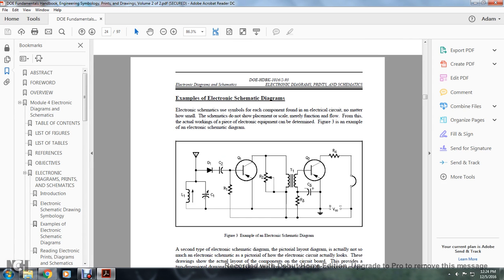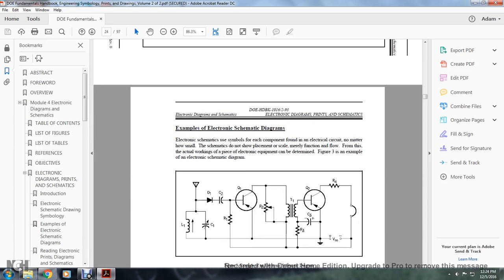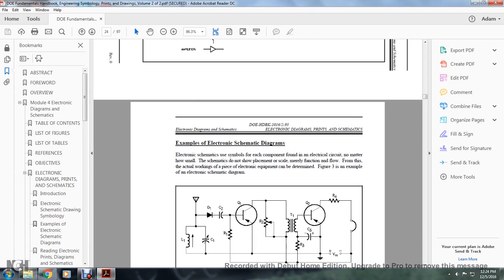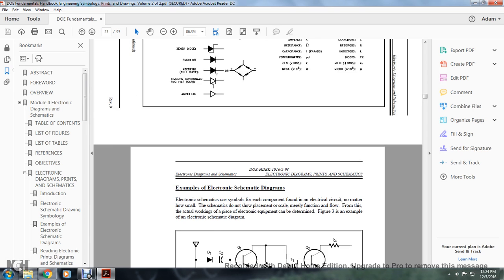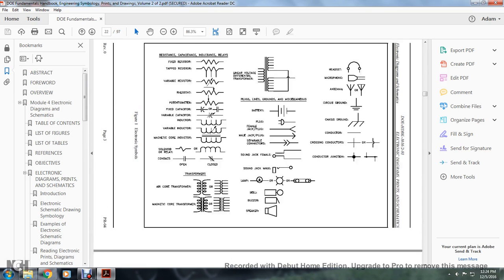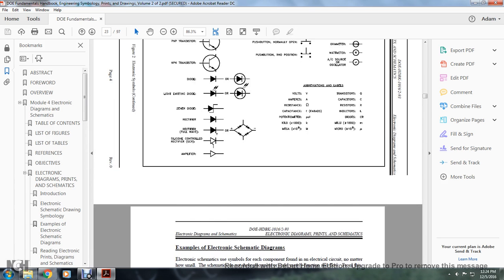The Figure 3 diagram shows here's your transformer, here's your resistor 1, resistor 2, resistor 3, resistor 4, a breaker on this side, your amplifier going through what looks like a rectifier to a rectifier to a capacitor.